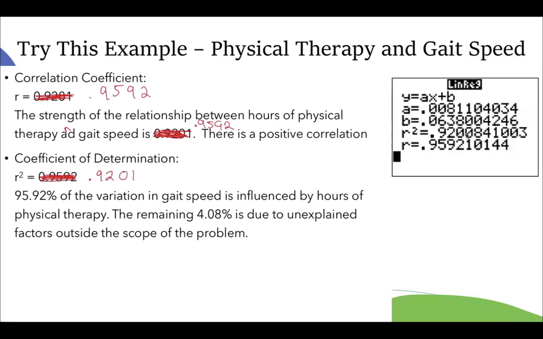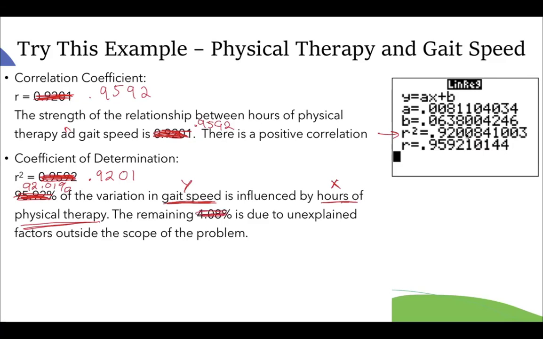0.9201. That would be this one right here. And turning that into a percent, we have 92.01%. 92.01% of the variation in gait speed, that's the y variable, is influenced by hours of physical therapy. That's the x variable. And let's fix this.